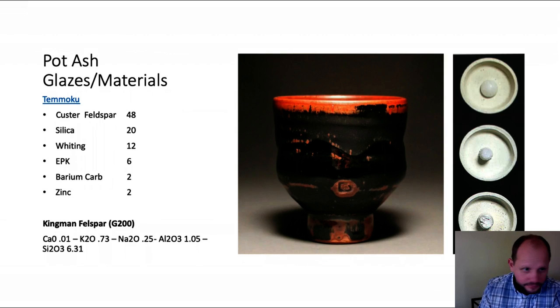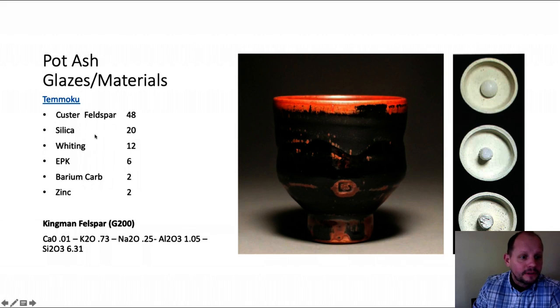Okay, you can see right here, this is a potassium-based glaze. This is a reduction glaze, cone 10. It's referred to as a temaku. It's a traditional Japanese glaze. It's usually very simple. You can see right here, this one has 6 ingredients.